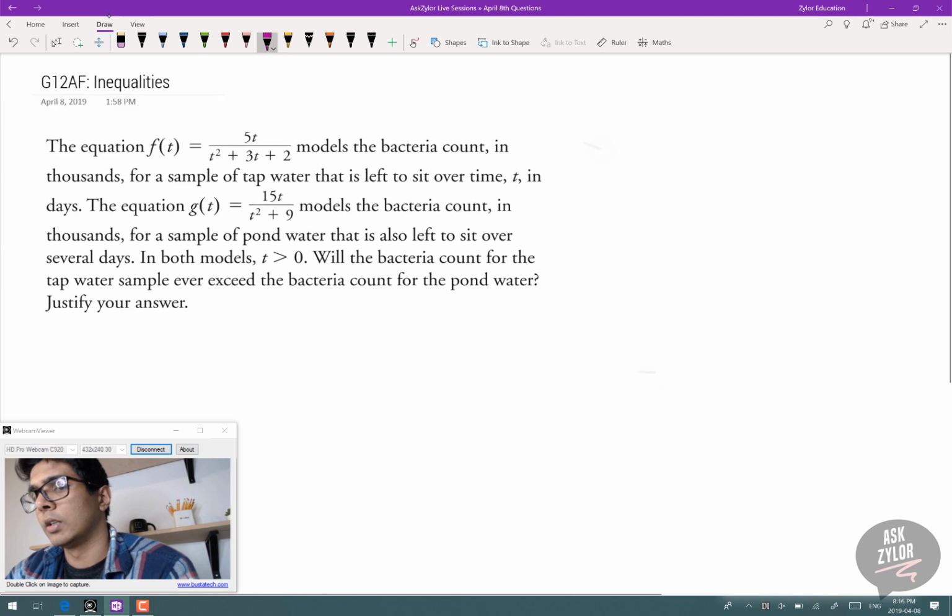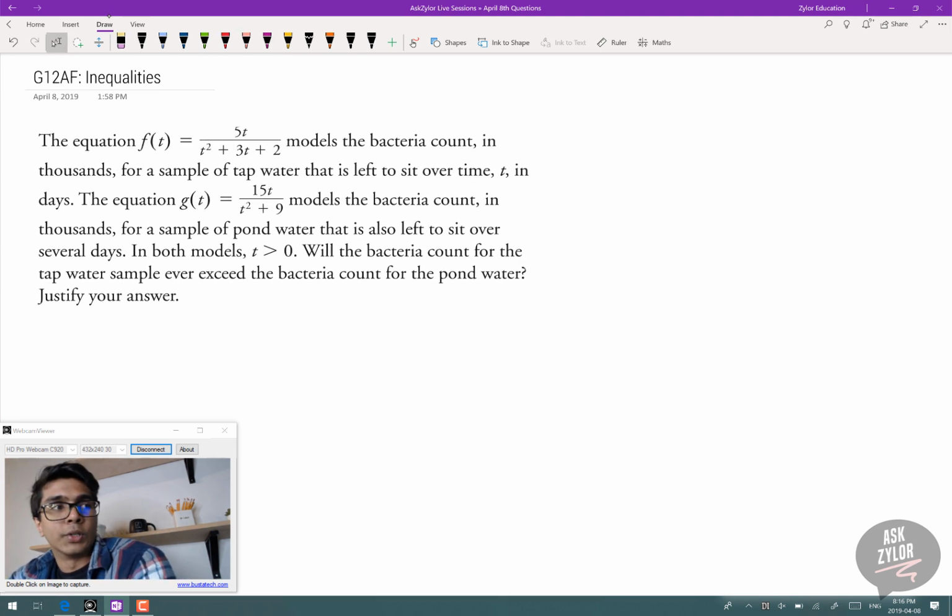The inequalities. So this is a grade 12 advanced functions question that was sent in. So it's dealing with polynomial inequalities. The equation f of t models the bacterial count in thousands per sample of tap water.